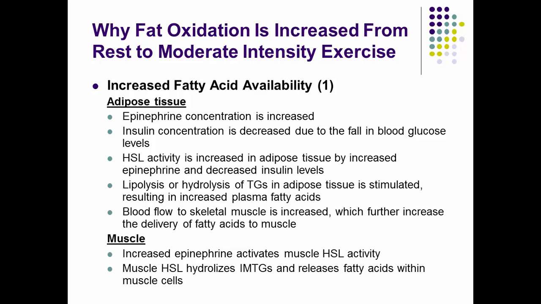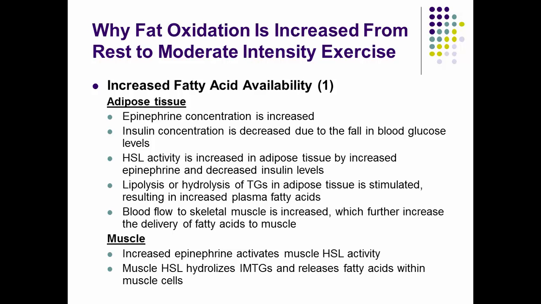The first reason is increased fatty acid availability. Remember, the hormone profiles change during exercise, particularly the catecholamine levels increase and insulin levels decrease because of the decrease in glucose levels.